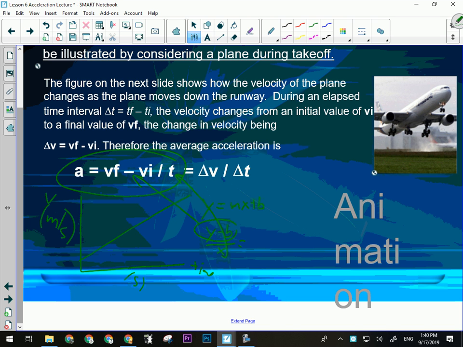That formula you used is calculating the slope of a line on a velocity versus time graph, in the same way that slope calculated velocity from a position versus time graph, because they're both the change in y divided by the change in x. In this case, y is velocity. Okay, everybody with me there? All right, so that's where that formula comes from.